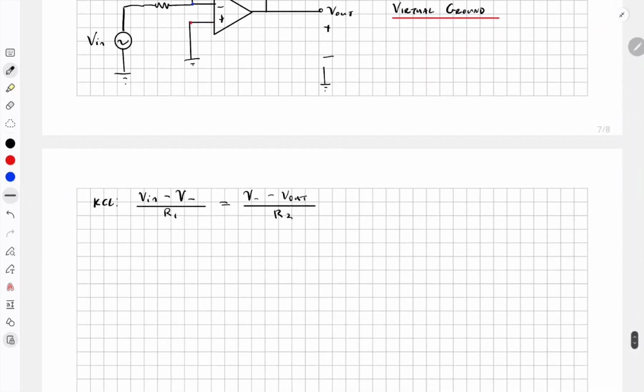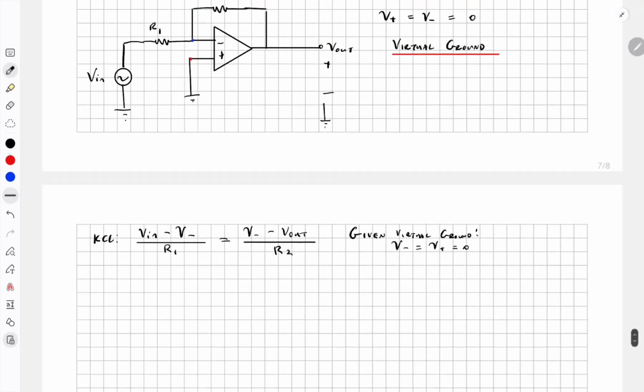For the moment, we assume this is an ideal op-amp. So given virtual ground, V minus is equal to V plus is equal to 0, because the ideal op-amp says the voltage here equals the voltage there. So V in minus 0, divided by R1, is equal to 0 minus V out, divided by R2.